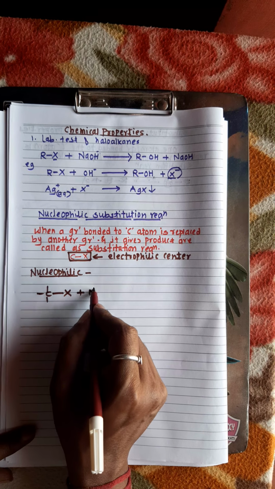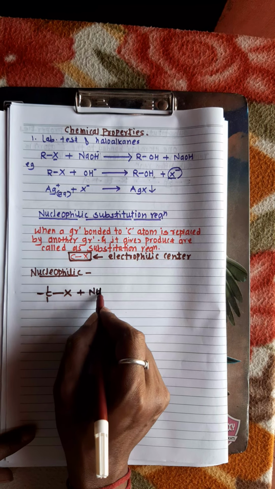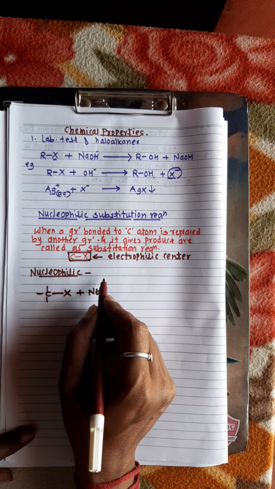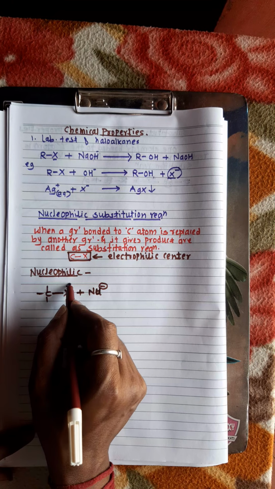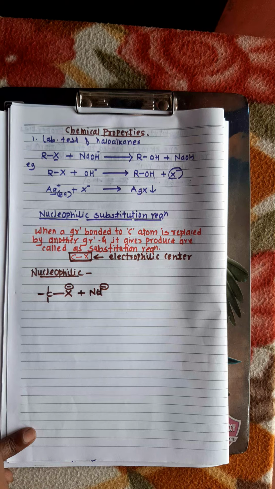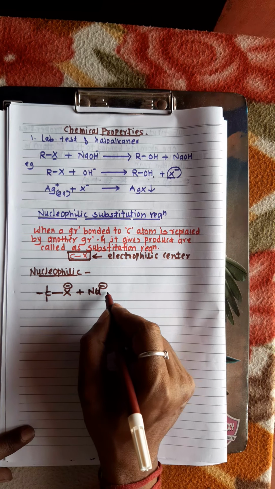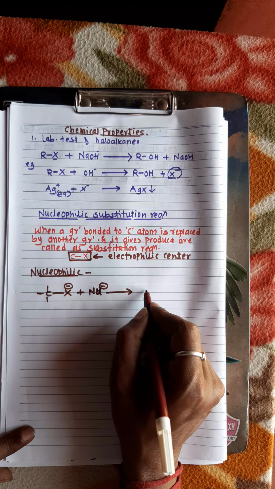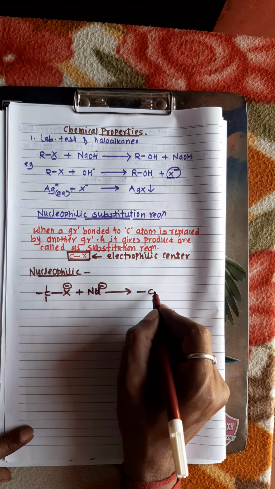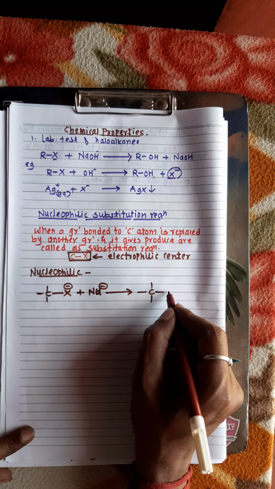The halogen, which is negatively charged, is substituted by the nucleophile, Nu, which is also negatively charged.